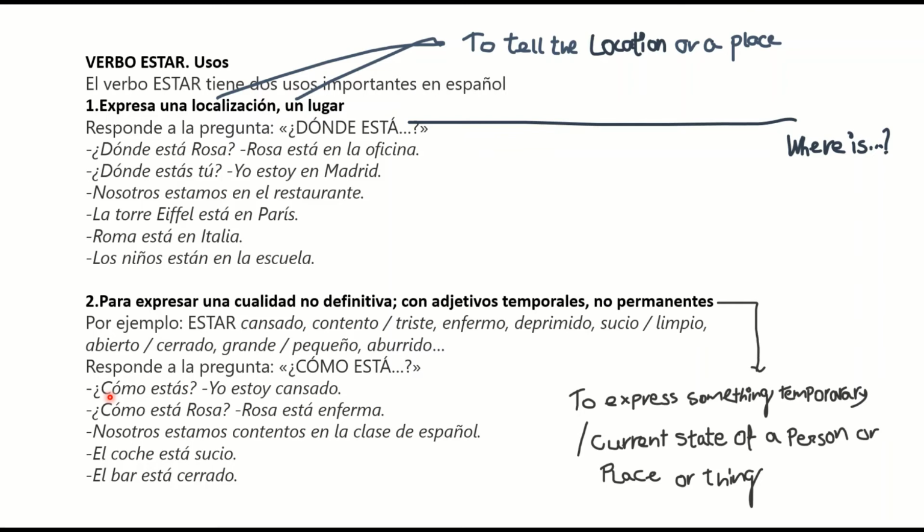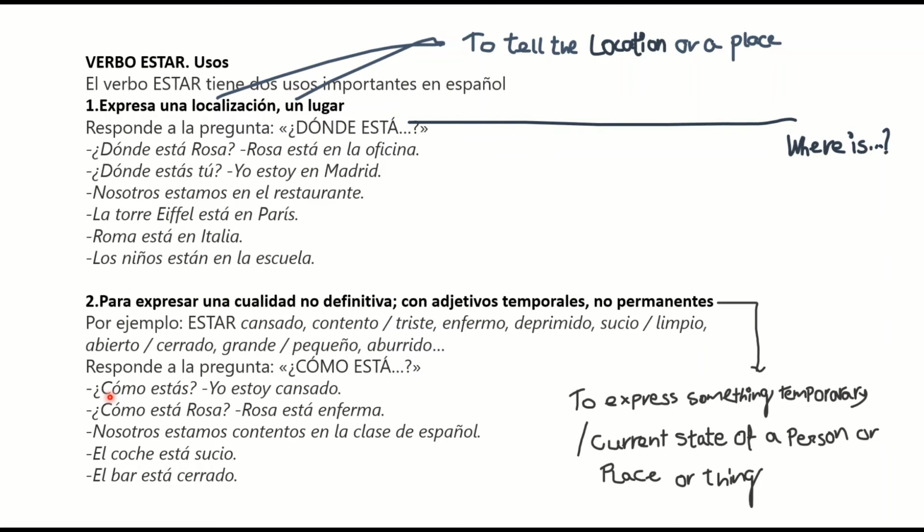¿Cómo está Rosa? So now here it is third person singular. We know that for he, she, and you formal, the form which is used is está. So for third, Rosa is the third person singular. So the question is ¿cómo está Rosa? Y Rosa está enferma.